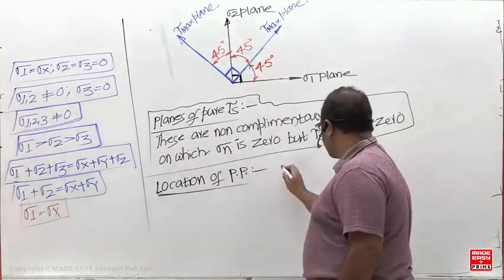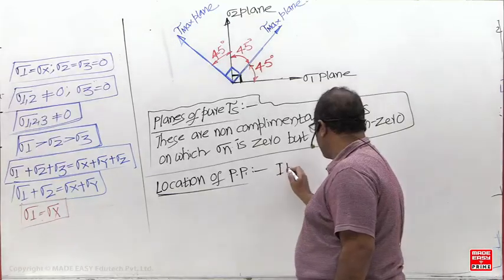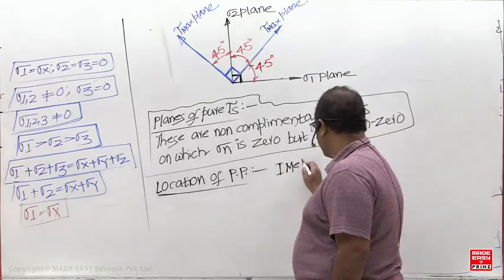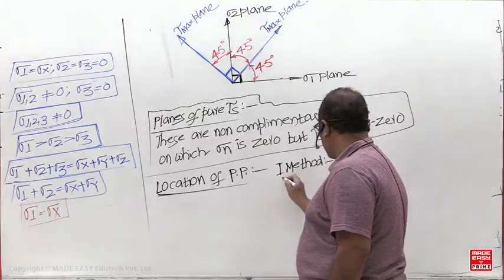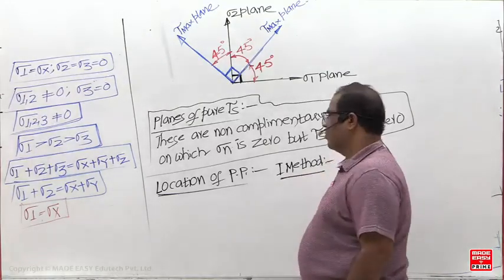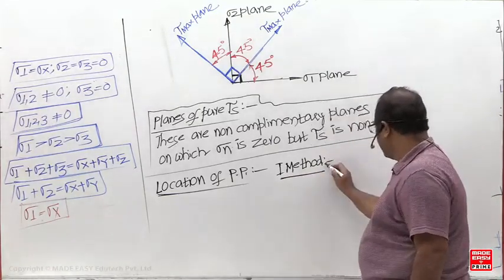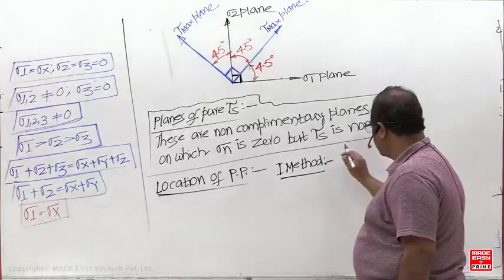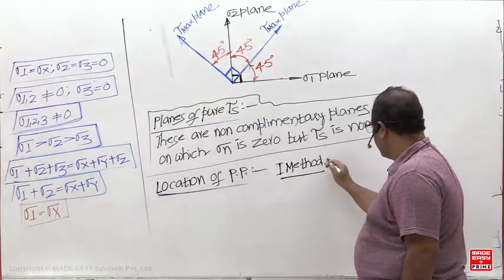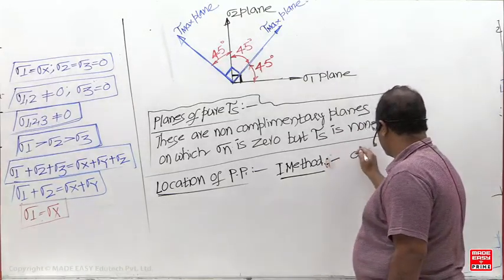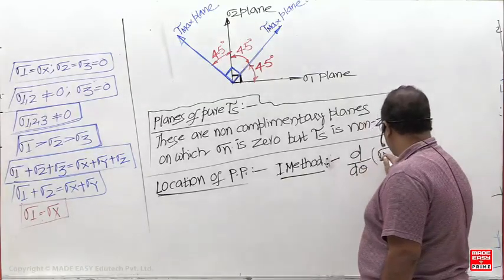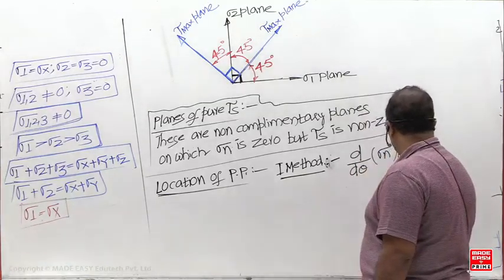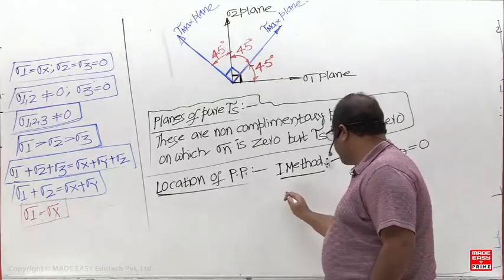So what is the first method here? First method, differentiating. And what is the second method?